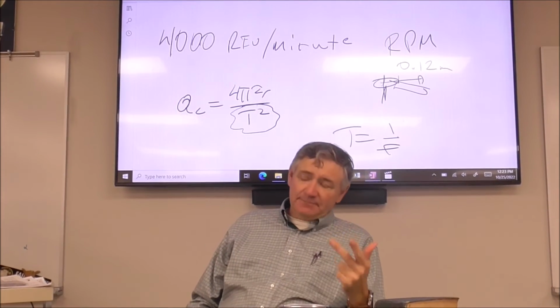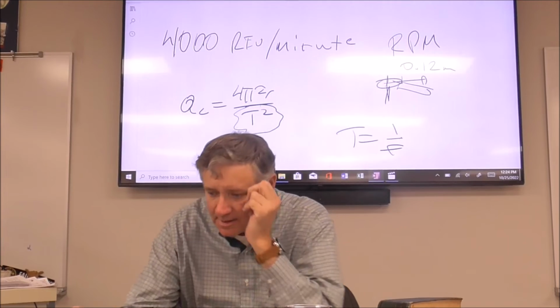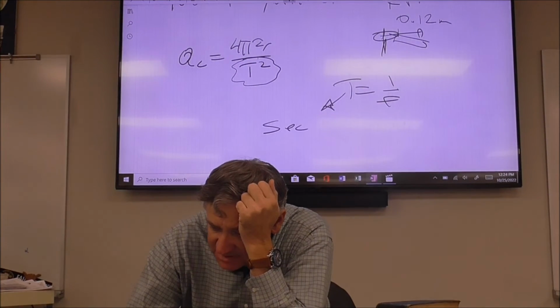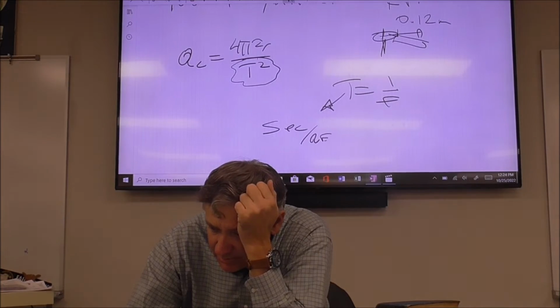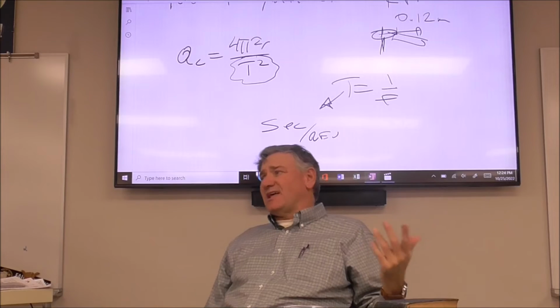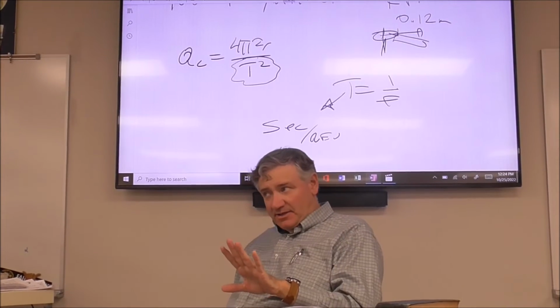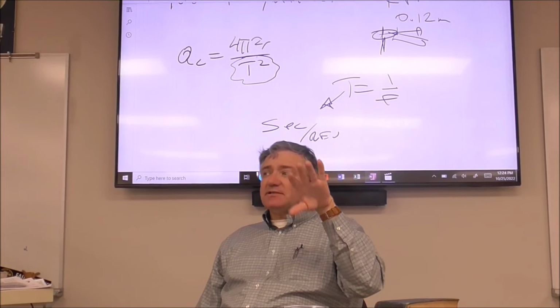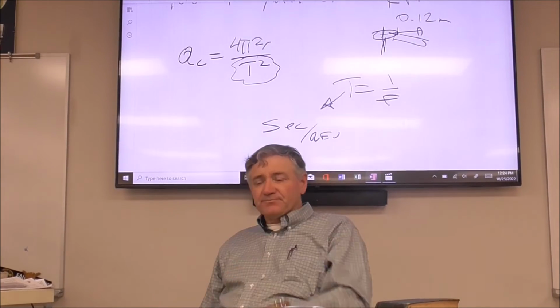So technically, period has units of seconds per revolution. We usually don't write in the revolution part because it's implied, but technically, and this will play out later in just a second, that's seconds per revolution.